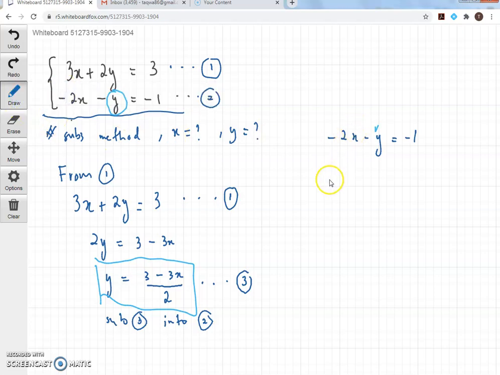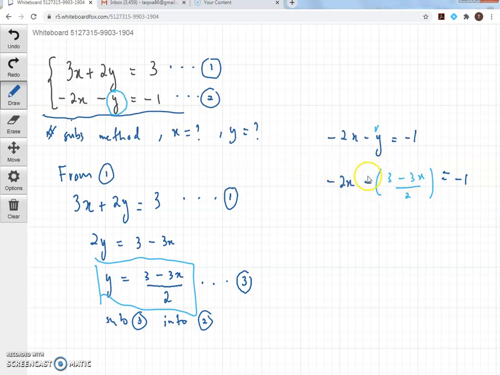So you are going to get negative 2x minus, what is the value of your y here? It's supposed to be 3 minus 3x over 2, and then it equals negative 1. Okay, it's time for us to eliminate the bracket.